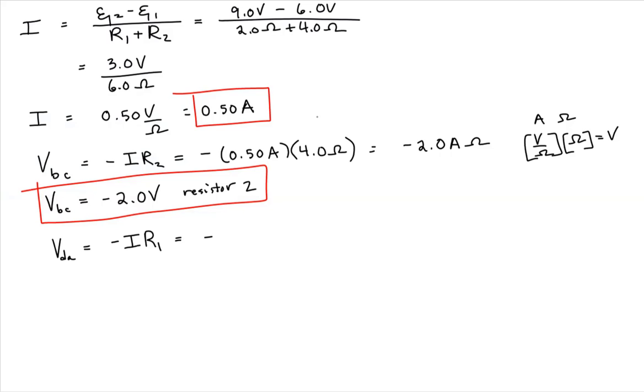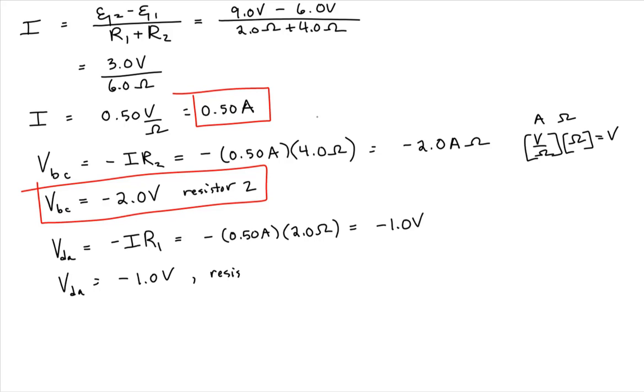This then is equal to minus 0.50 amps times 2.0 ohms, and this ends up being equal to minus 1.0 volts after we do our unit check. So the potential difference across resistor 1 is half the potential difference across resistor 2.